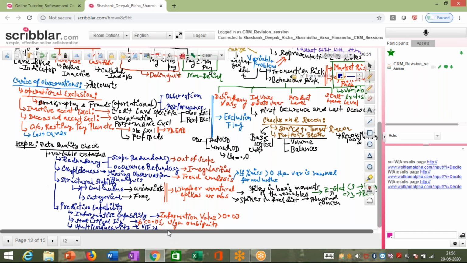Your entire data quality check would look like this, and at each stage you will be removing some of the variables, and finally we end up with the best possible variables.